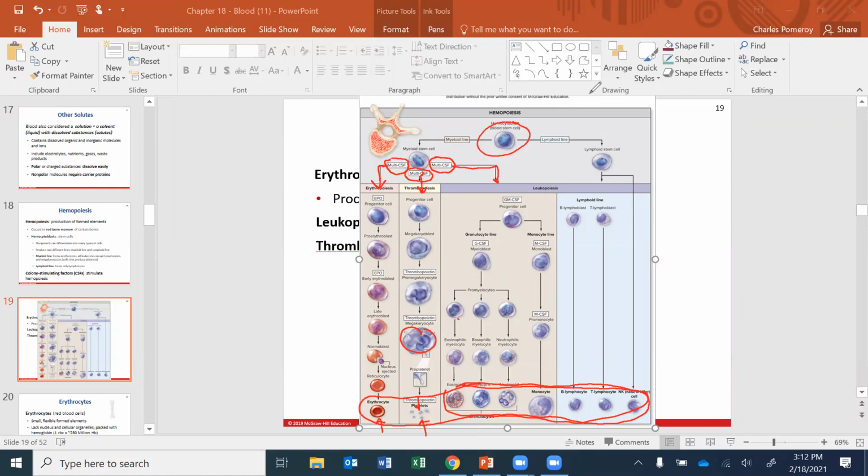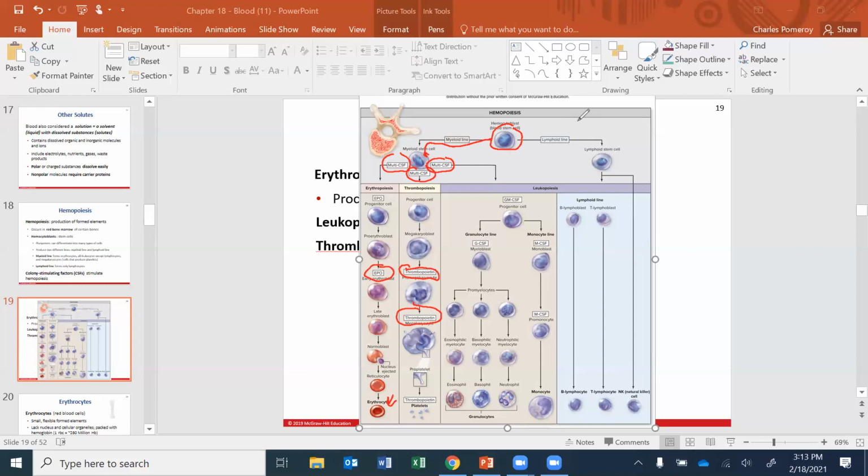So you start off with that original cell, the hemocytoblast, and depending on what colony stimulating factors are received by the bone marrow, and if you go down a little further, what hormones are received by the bone marrow, that will coax them into becoming a particular cell. So your bone marrow makes more red blood cells when necessary, more platelets when it needs to, or more white blood cells when it needs to. It just depends on what signals it's receiving.